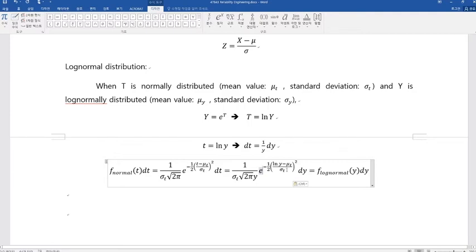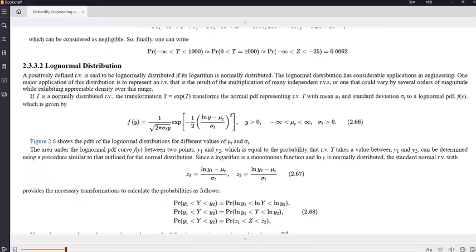So with this form, now it can be said that it is the same with the one given in equation 2.66, except that this square root only applies to 2 pi, and sigma t and y should be placed outside of the square root.